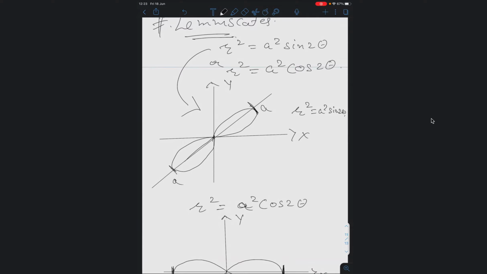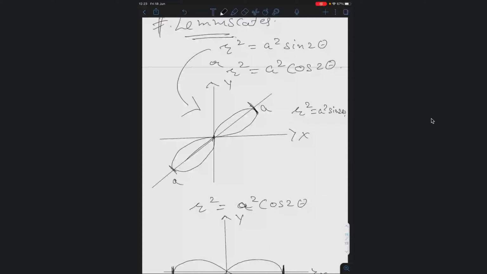Any doubts here? No doubts? Don't worry, you won't get any problems related to curve tracing. Only thing is, even in multiple integrals you have curves. I mean, you need to solve double integrals in polar coordinates. So when you have such things, you should have an idea about curve tracing.